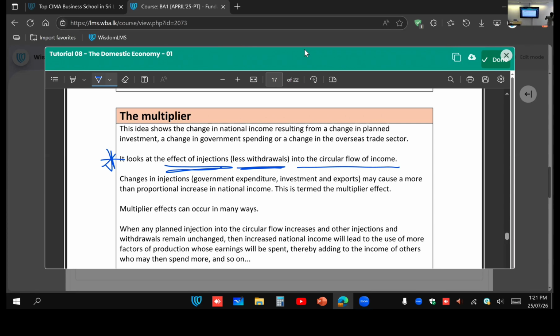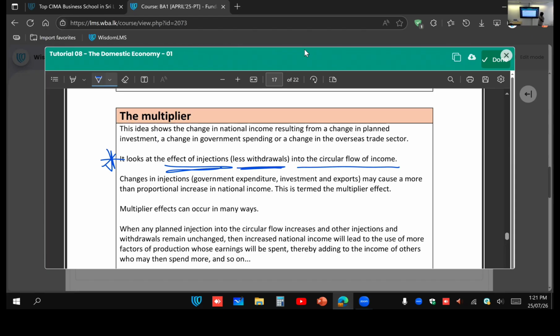Now we are learning about the circular flow of funds, right? It goes like this. So increasing injections into the circular flow of income will lead to the multiplier effect. So changes in injections may cause a more than proportional increase in national income.